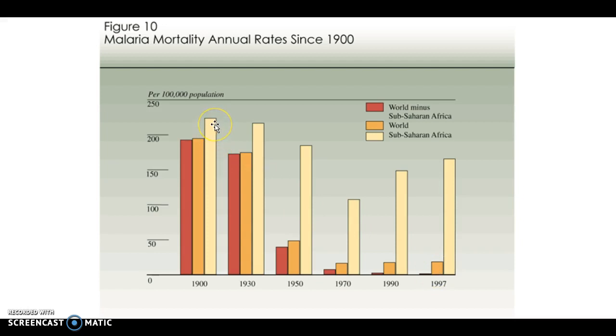But what we see in sub-Saharan Africa is that it's very different. Although there was lots of malaria in the whole world up until 1930, we see a very, very big difference. It's gone down in the rest of the world, but it's still a very big problem in sub-Saharan Africa.